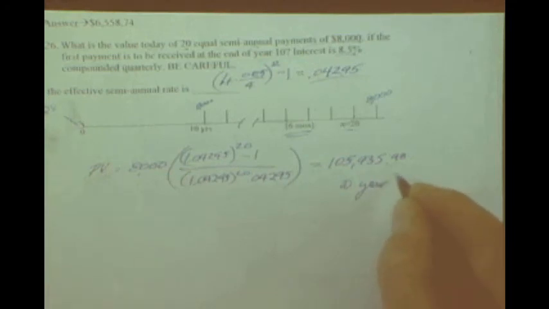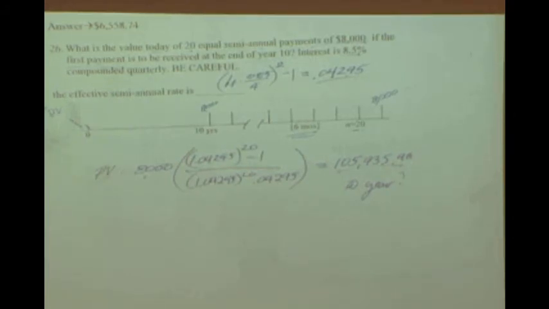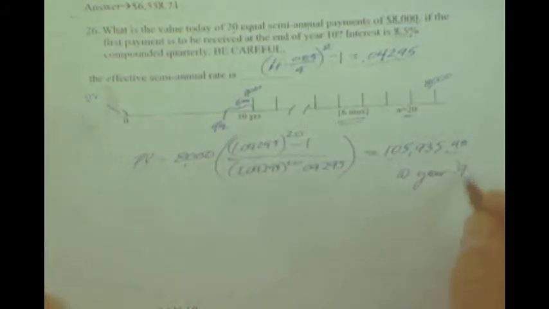But where? At year what? Where in the timeline is this lump sum amount? Where? 9? Like year 9? 9 years, 6 months. Because the period between payments is 6 months, so the first payment's in 10 years, we go 6 months earlier, 9.5 years is where this 105,000 is sitting.